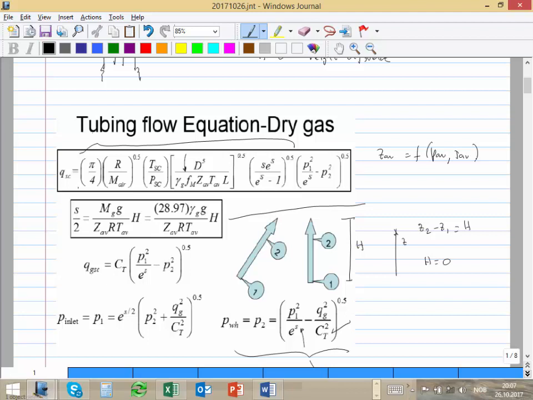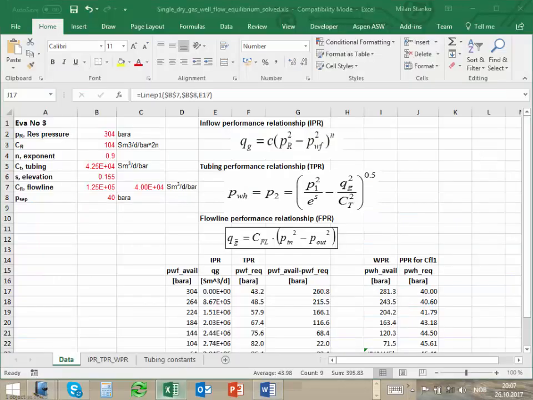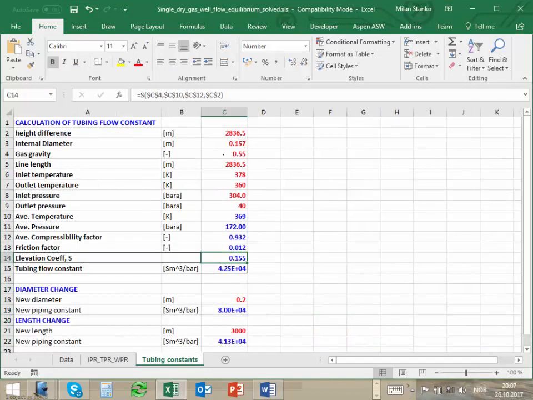So that means that this CT is a function of the P average that I assume. And you will see now if you go to the Excel sheet, where did I take that CT of the tubing from? You go here to tubing constants, and you see I calculated here for you, using some data, what will be the C, the CT, and the S. Okay, 0.155 and 425. These are the numbers that we have been using.